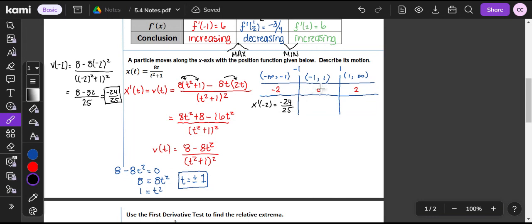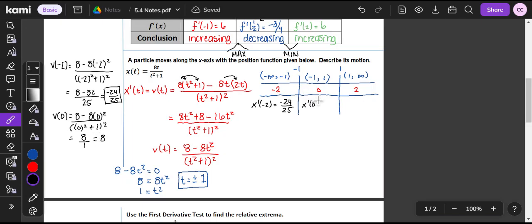Okay, now I'm going to do the same thing for 0. Figure out what the derivative is at 0. And this one is going to be way easier. It looks like I'm going to end up with 8 over 1, which is just 8.